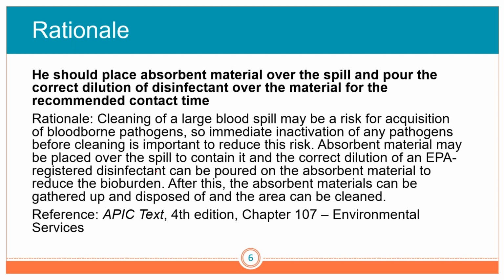Absorbent material may be placed over the spill to contain it, and then the correct dilution of an EPA-registered disinfectant can be poured on the absorbent material to reduce the bioburden. After this, the absorbent materials can be gathered up and disposed of, and the area can be cleaned. Does that make sense? Do we see why between B and D, B was the correct answer?